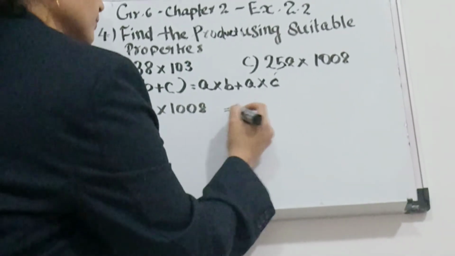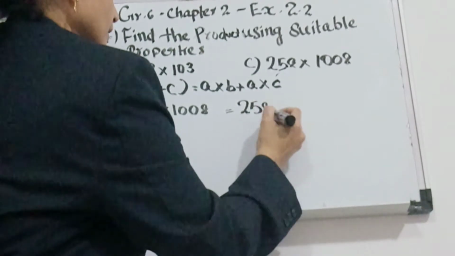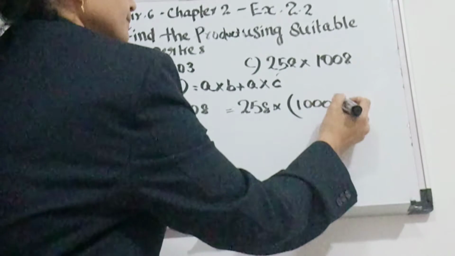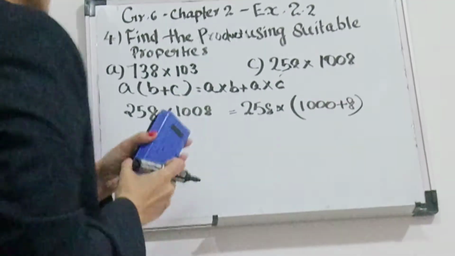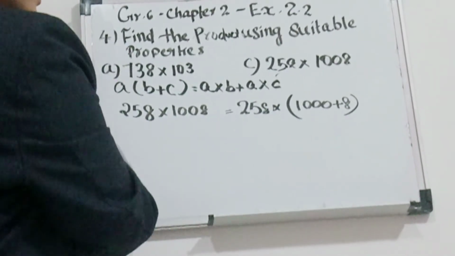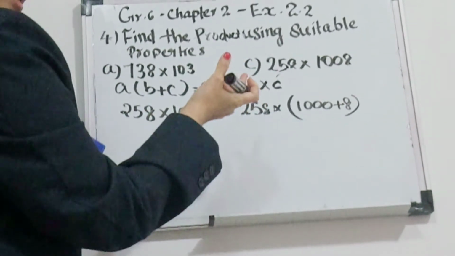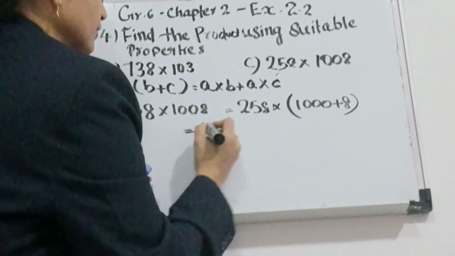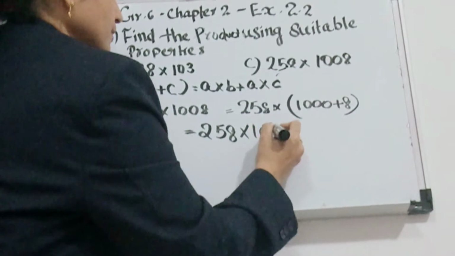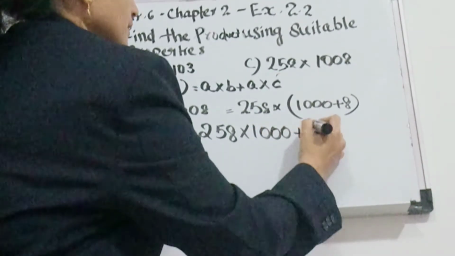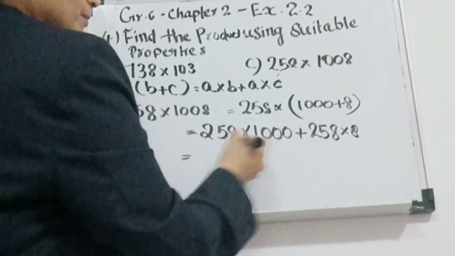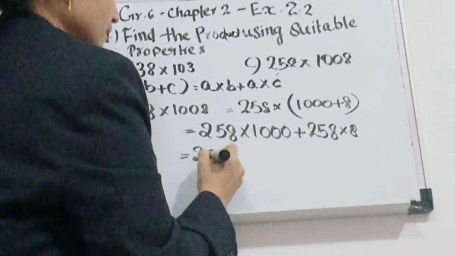So this is equal to 258 into (1000 plus 8). Is this the left side or right side of this property? Left side. So you change into the right side and find the value. So this is equal to 258 into 1000 plus 258 into 8. This multiplication is very easy, putting 3 zeros.